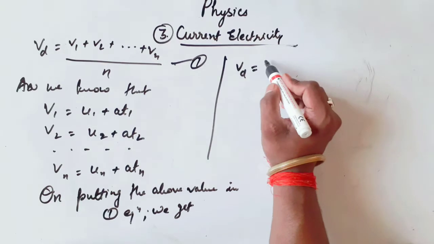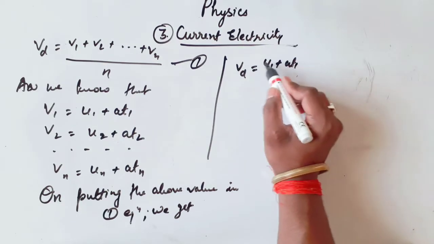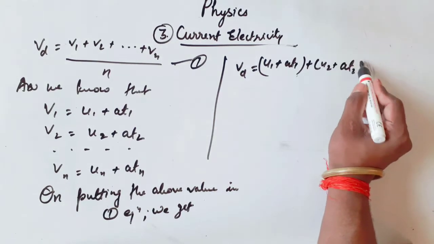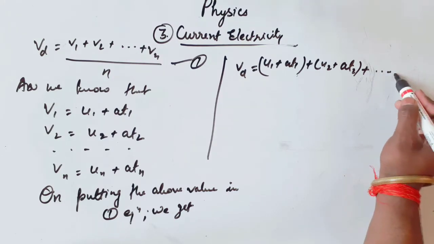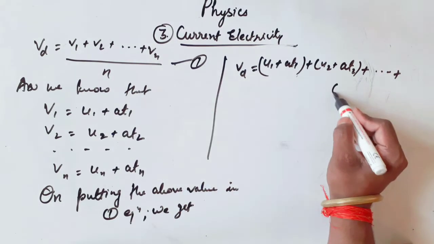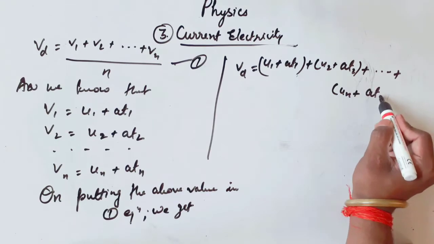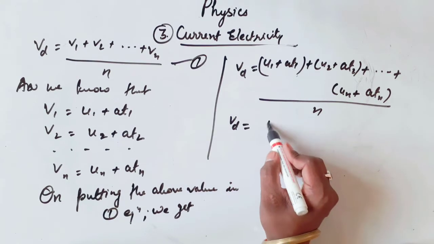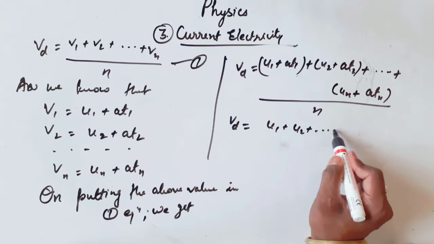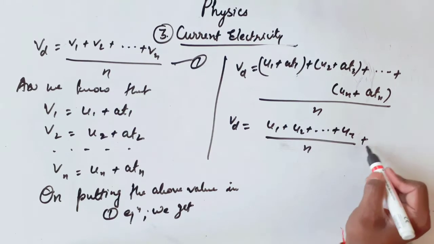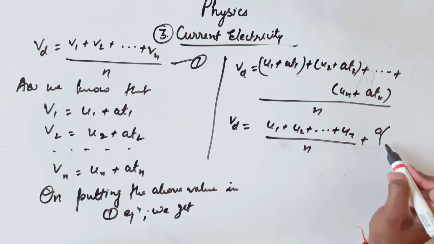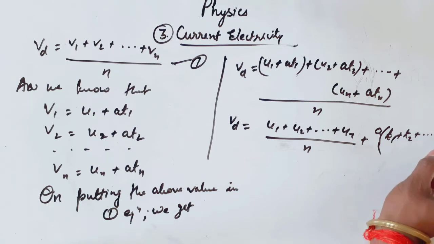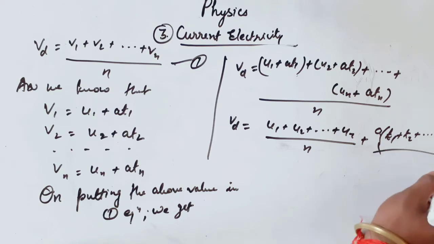Vd is equal to u1 plus a t1, the value of v2 is u2 plus a t2, and the value of vn is un plus a tn, and the whole divided by n. It can be written as Vd equals u1 plus u2 plus dot dot dot plus un divided by n, plus a taken out common, and here we get t1 plus t2 plus dot dot dot plus tn, and the whole divided by n.